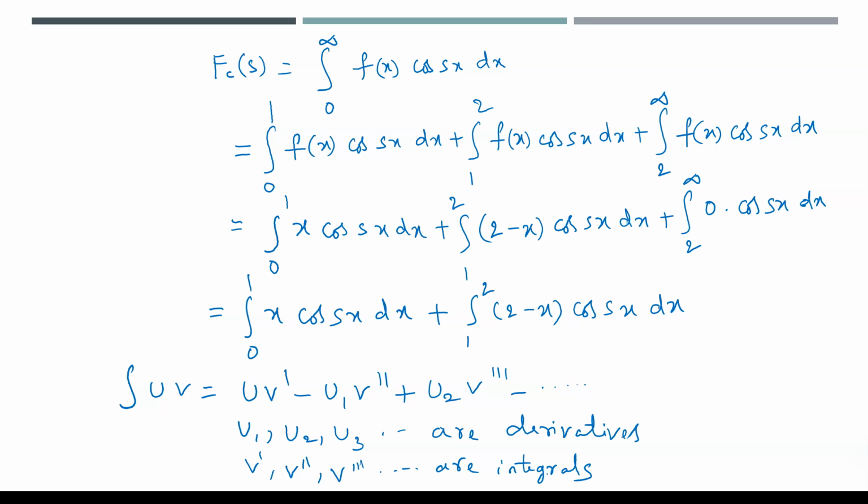So here we consider the x term as u and cos sx as v; here 2 minus x as u and cos sx as v. We consider the term which has a finite number of derivatives as u and the term which has an infinite number of derivatives as v. That means if you go on differentiating cos sx, you will keep getting some function, right? So we consider cos sx as v. Now let us apply this UV rule on both these integrals.